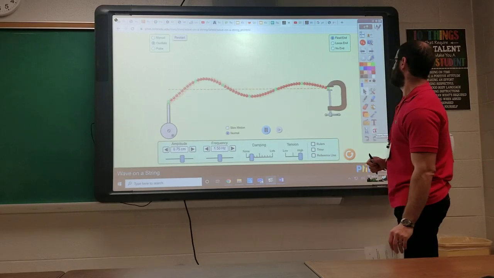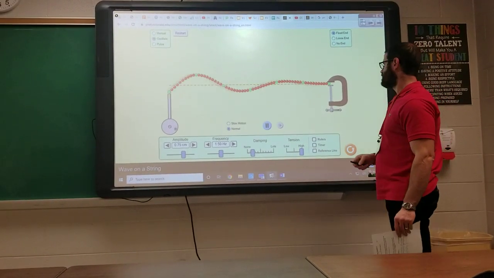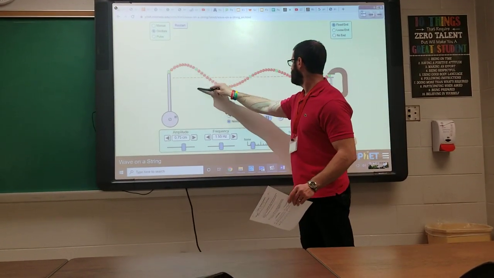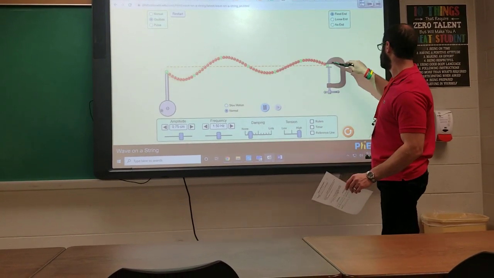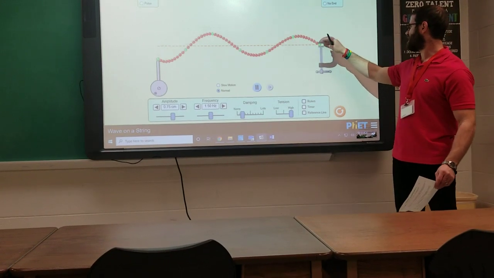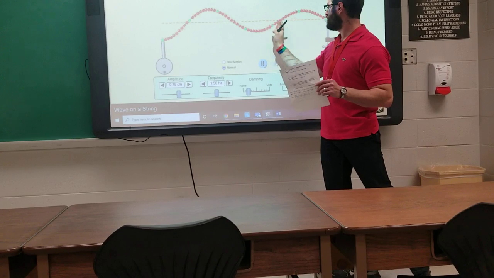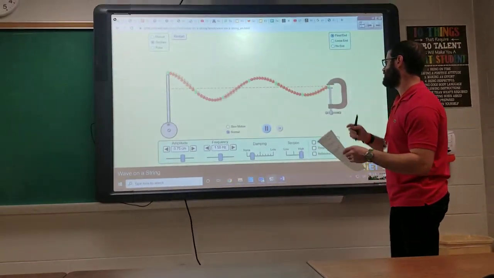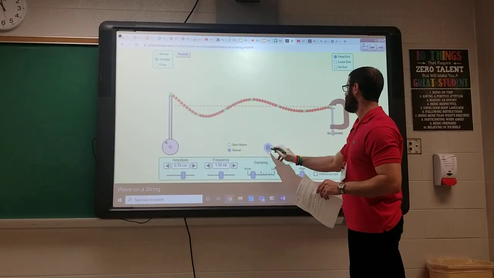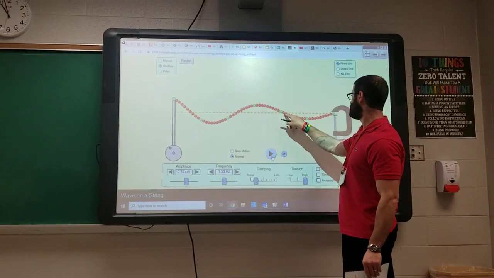So again, we see the wave being generated here, initially traveling to the right, but it's reflecting off this object on the right side, and the reflected wave is interfering with the initial wave. What we can see is that there are certain parts of the wave, like here and here, that have no amplitude.